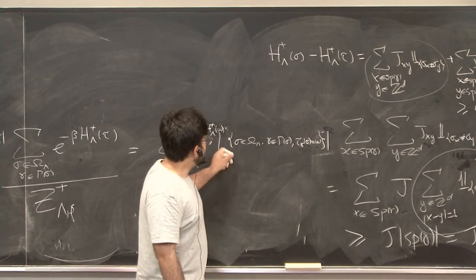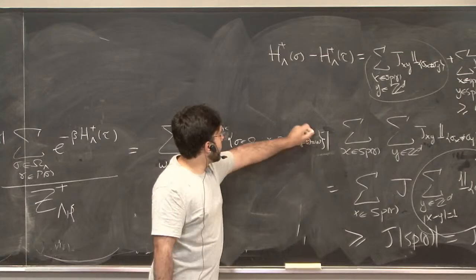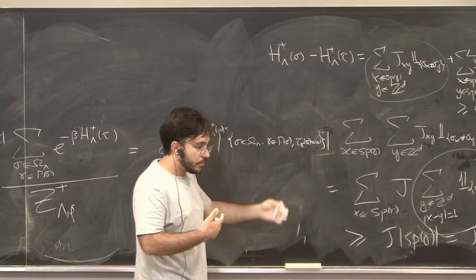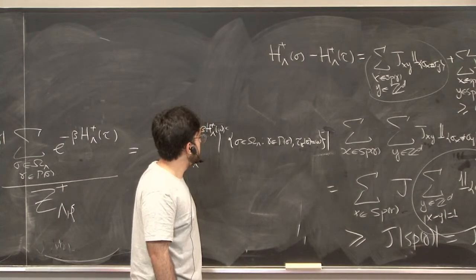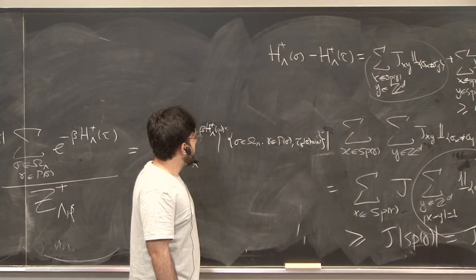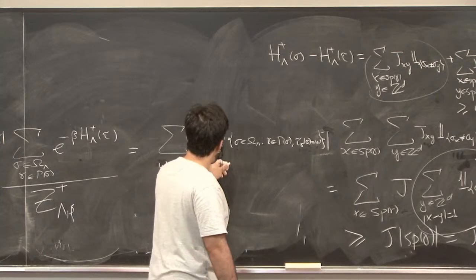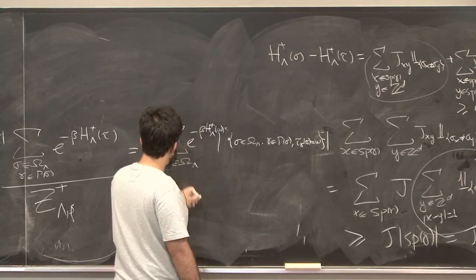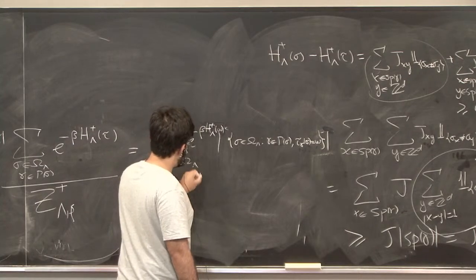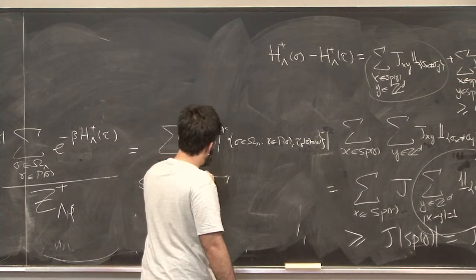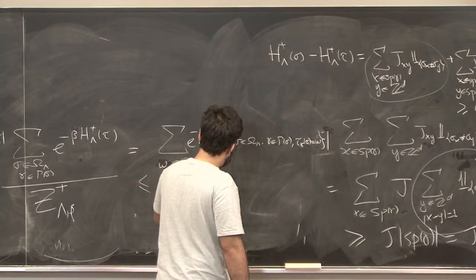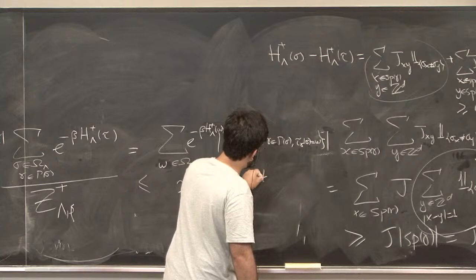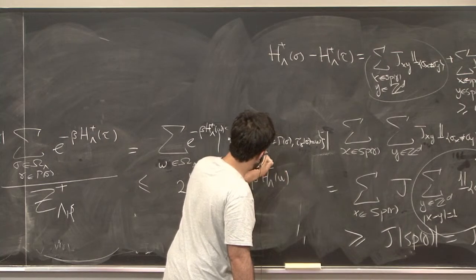So this set can only vary inside the support of gamma, any possible configuration inside the support of gamma. So this will be less, since we have only 2 spins, than 2 times gamma sum over all the configurations, exponential minus beta h omega plus.